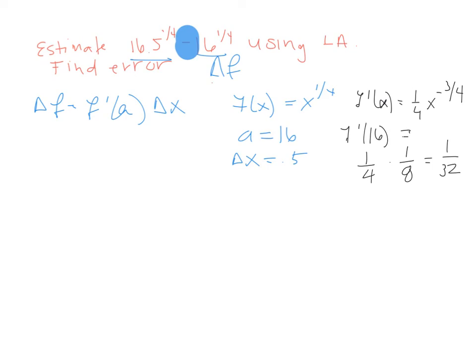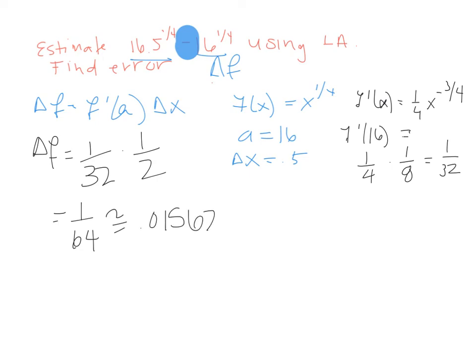I don't need to know what f of a is, so never mind. Now I'm ready with everything in my formula. The change in f is equal to f prime of a, which I have as 1 over 32, times the change in x. I'm going to change 0.5 to 1/2 just so I can stay in fractions. I end up with 1 over 64, which is approximately 0.015625, according to my notes.